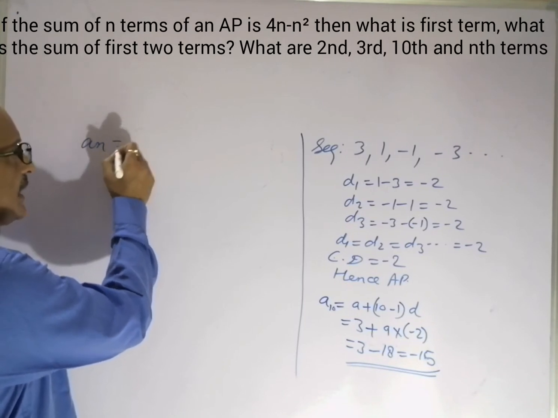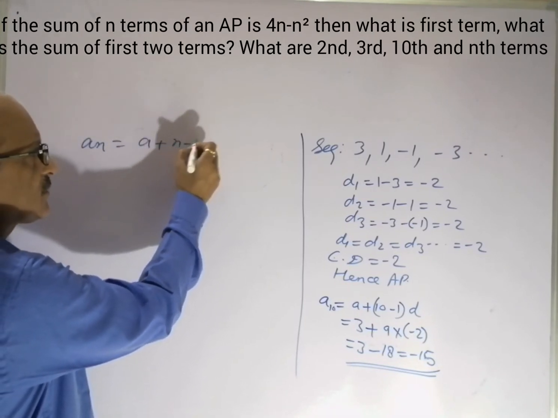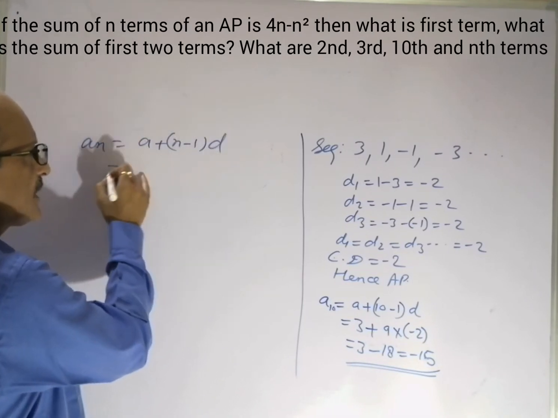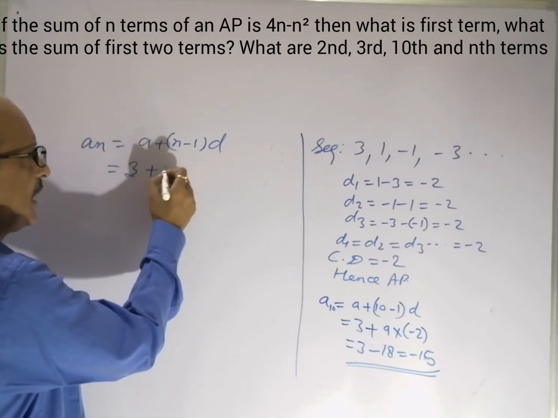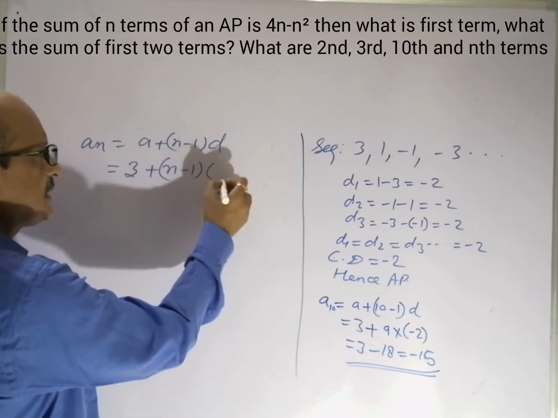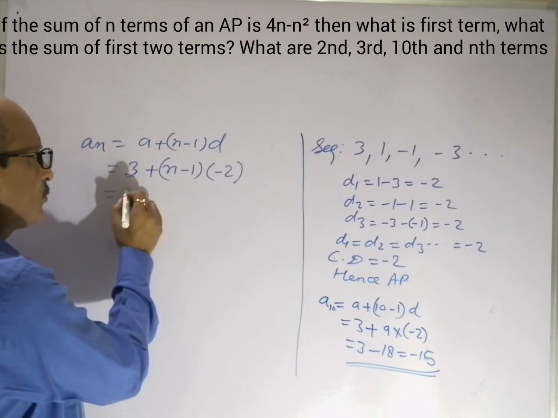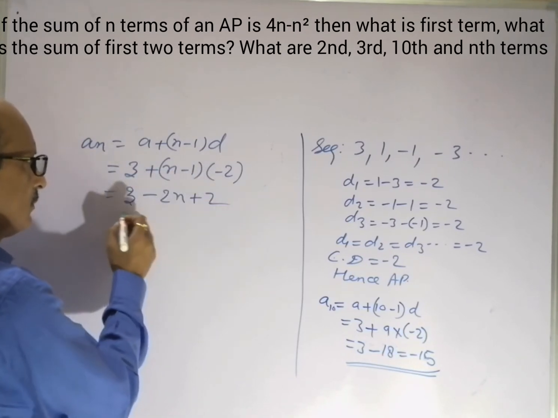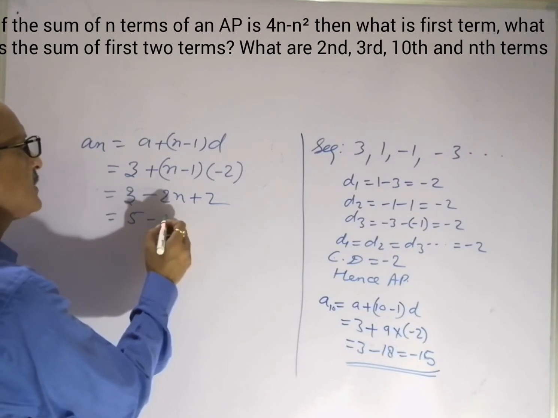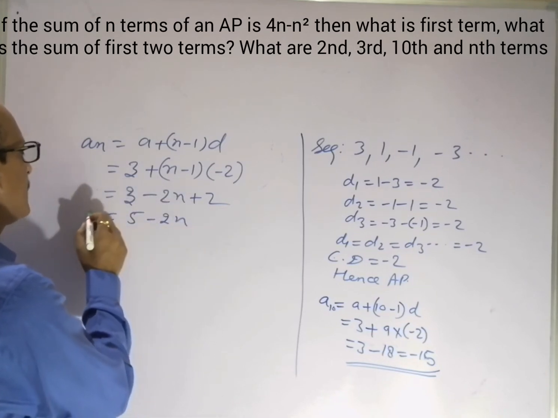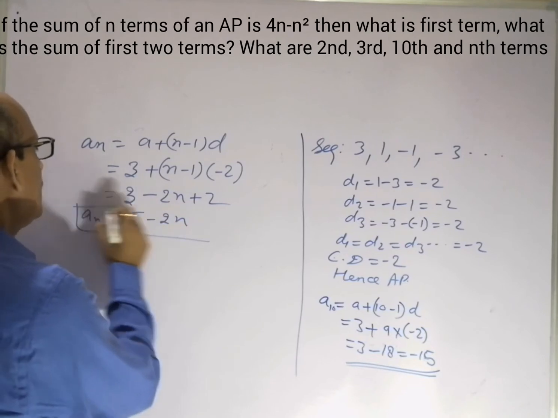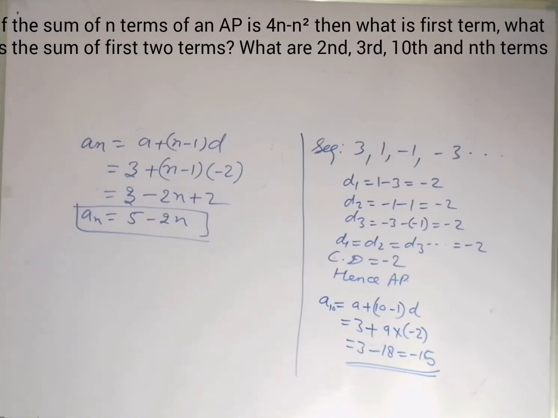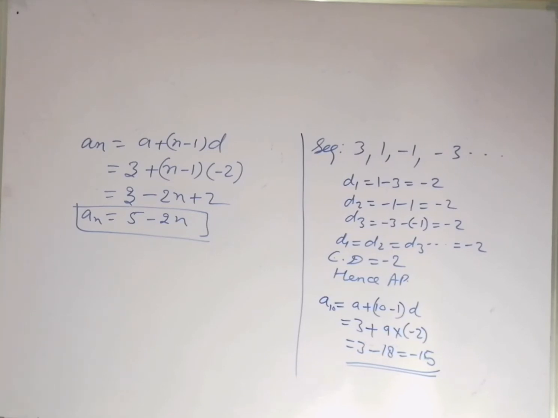So we get an is equal to A plus N minus 1 into D. 3 plus N minus 1 into what is D, that is minus 2. So I'll get 3 minus 2N plus 2. So we'll have 5 minus 2N. That's all for this question. An is 5 minus 2N.